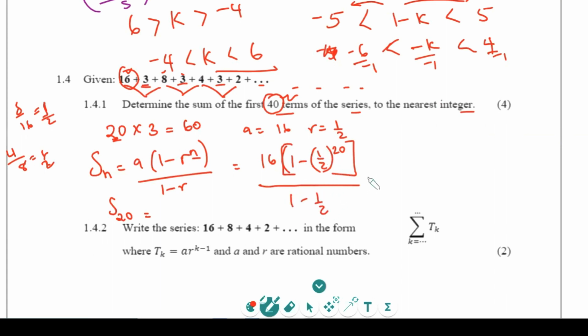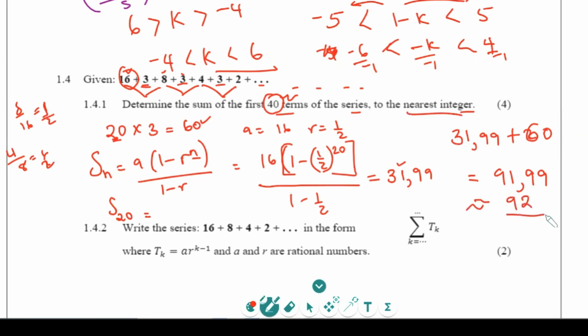I'll just punch this into the calculator, and it's going to give me 31.99. So this was for the second 20, and 60 is for the first 20. Then I need to add both of them together, since both of them are forming the 40 terms. That is going to give me 91.99. But since I was told to round it off to the nearest integer, this is going to be 92.